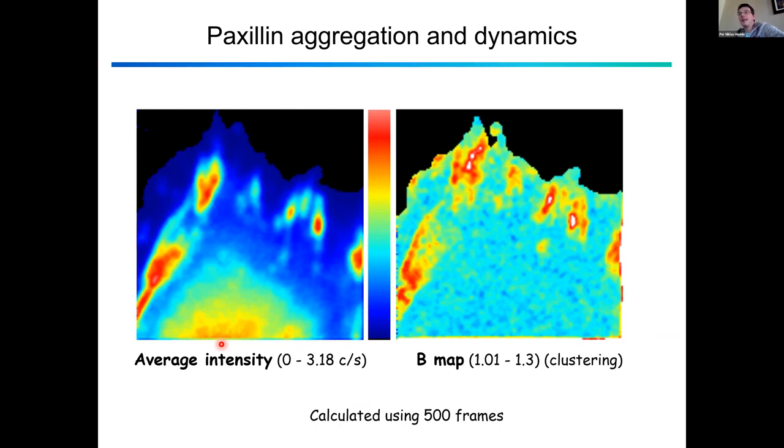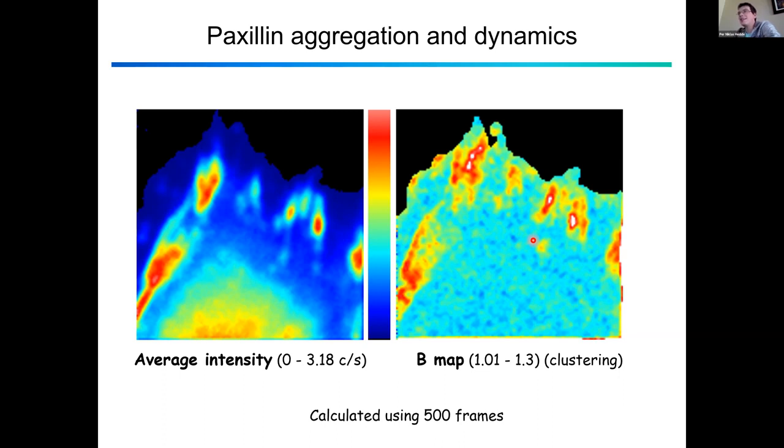So here is the analysis of a region of a cell at the plasma membrane. On the left-hand side, you see the average intensity color-coded from low to high counts, and you can identify the focal adhesions as areas where the measured intensity was very high. And then on the right-hand side, you see the brightness map, which indicates the oligomerization state.